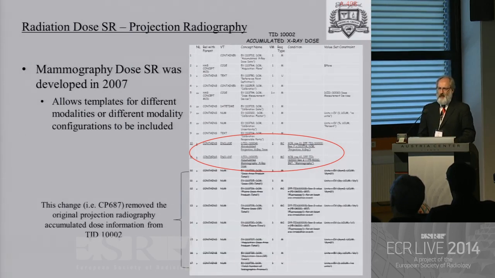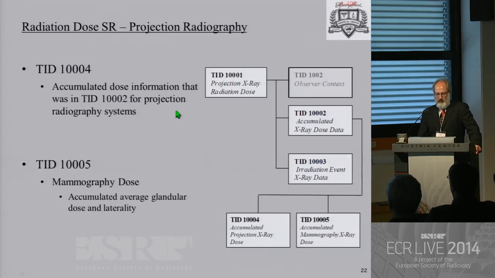So people looking at radiation dose structure reports prior to 2007 may see some structural differences from what you see since then, because all of the stuff that was specific to the accumulated X-ray dose for a single plane has now been removed, and it's been changed such that you have accumulated if it's a projection X-ray machine, or a different template if it's mammography.